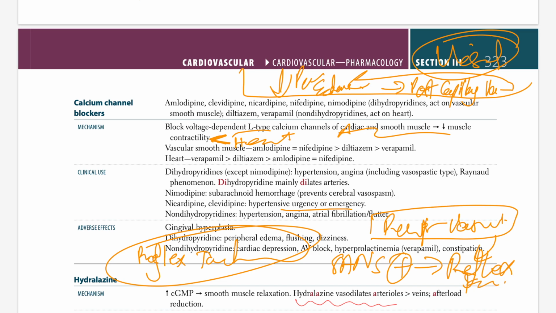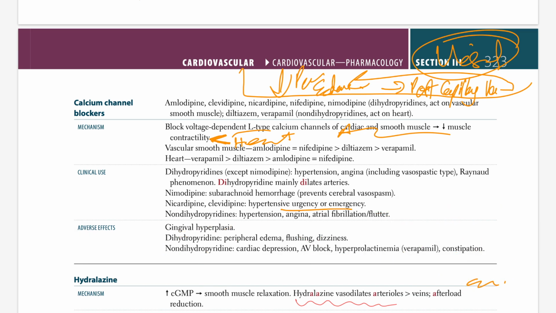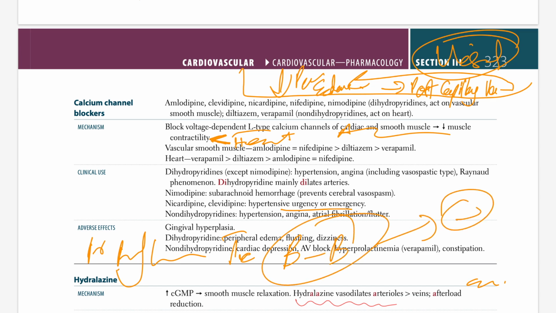But how can you stop that? Well, simple thing: to prevent reflex tachycardia, you can administer a beta blocker. What is the beta blocker going to do? It's going to inhibit the heart from going into more contraction and increasing the heart rate. Again, tachycardia, right? We will inhibit the tachycardia by giving a beta blocker.